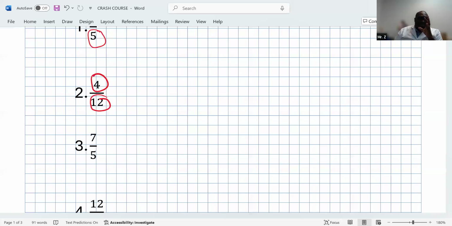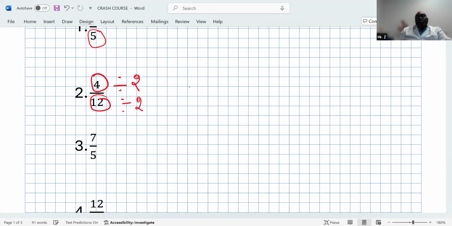You are trying to simplify that fraction. 4 can be simplified by 2, and 12 can be simplified by 2 as well.